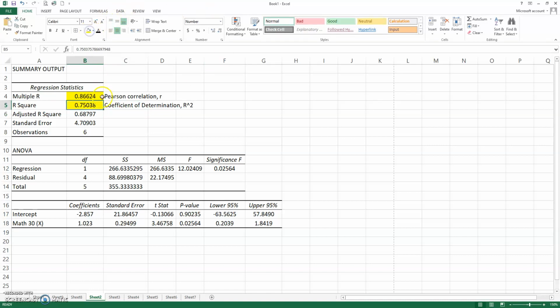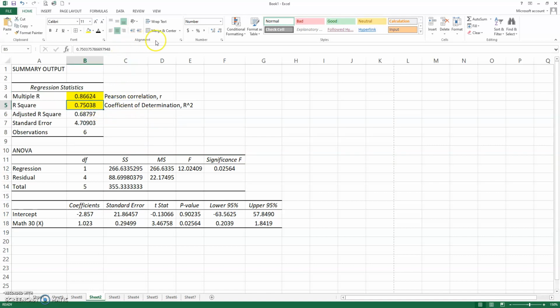So this tells us that there is a strong positive correlation between Math 30 grade and the grade Y, the grade in a university stats course.